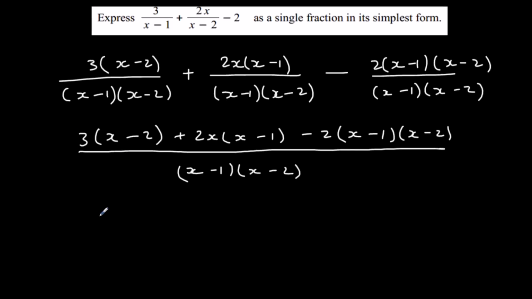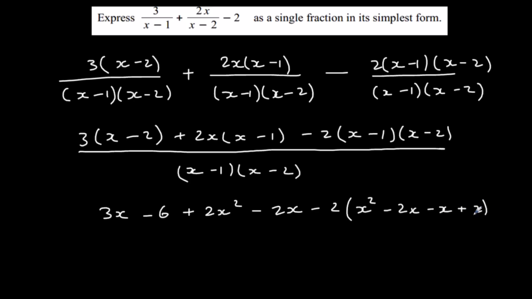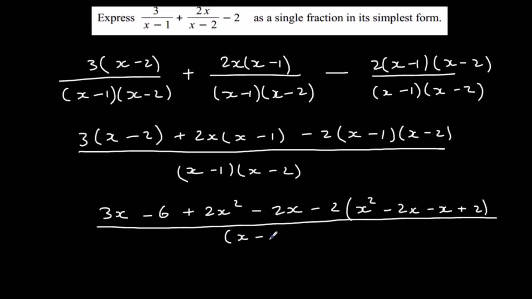So 3 times x is 3x. 3 times negative 2 is minus 6, plus 2x times x is 2x squared. 2x times minus 1 is minus 2x. I'm going to leave the minus 2 here because we need to take away all of this and expand these brackets. So x squared minus 2x minus x plus 2. And I'm going to leave the denominator as it is.